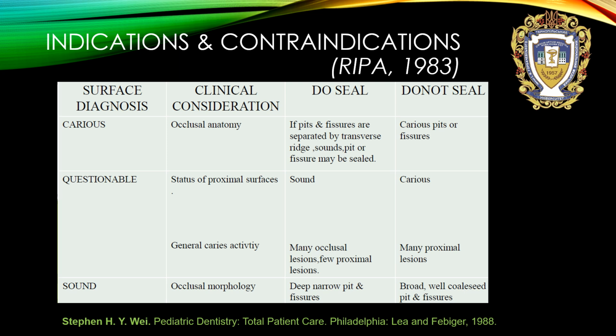In case of caries, we need to seal if pits and fissures are separated by transverse ridge. Sound, pit or fissure may be sealed. And don't seal when caries in pits or fissures. In this case, we need to fill caries cavities.